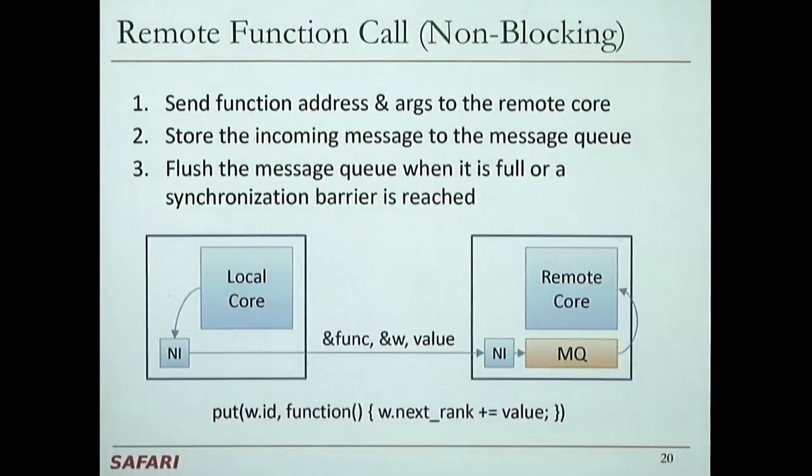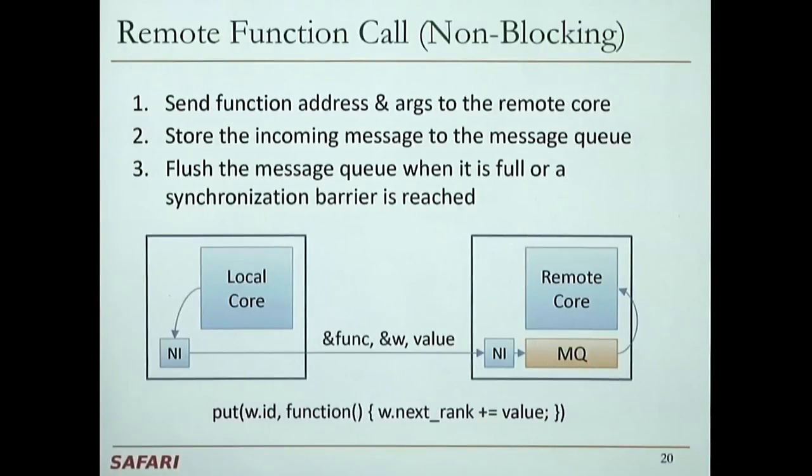OK, so you basically send the function address and the arguments to the remote core. Function address is the function to be executed. And the arguments, in this case, as you can see, this is the function address. These are the arguments, the value to be added, and the address of this node to the destination node. The remote node stores the incoming messages in its message queue. And it keeps executing over there.